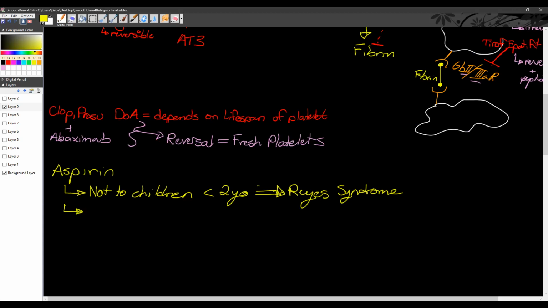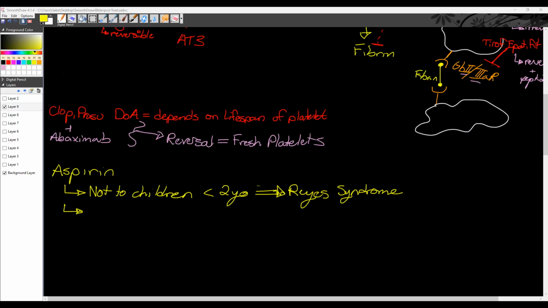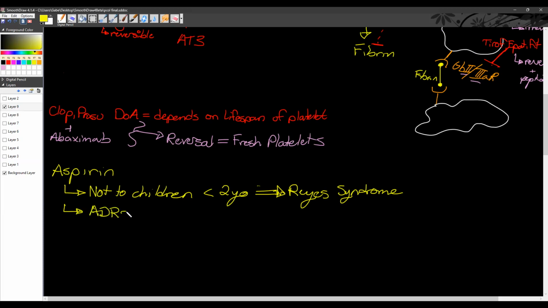Likewise, when we talk about aspirin, what are the major adverse effects associated with COX-1 inhibition? Specifically COX-1. Right.